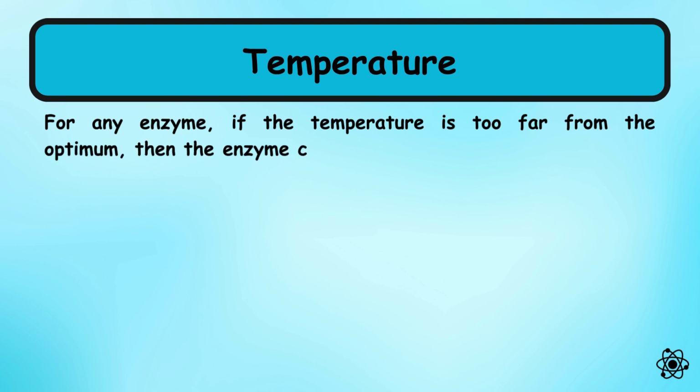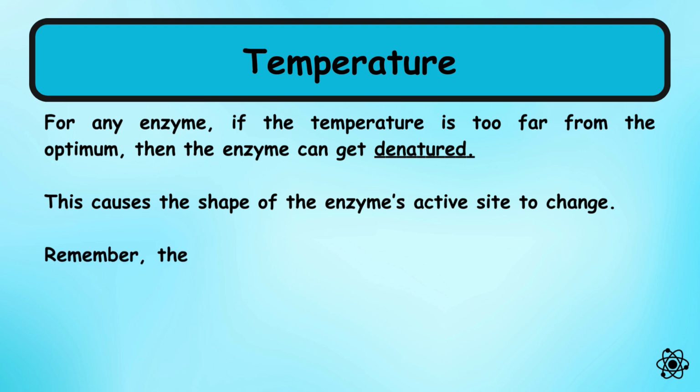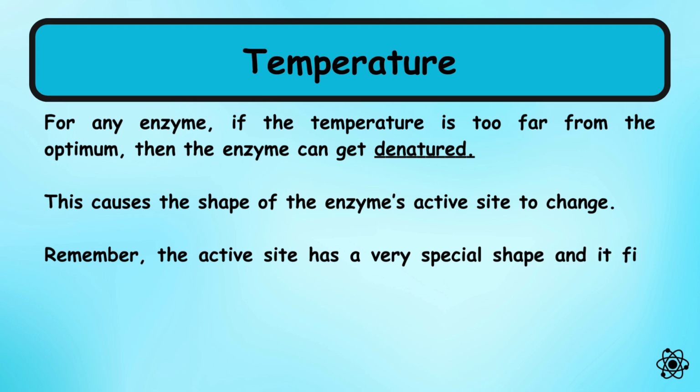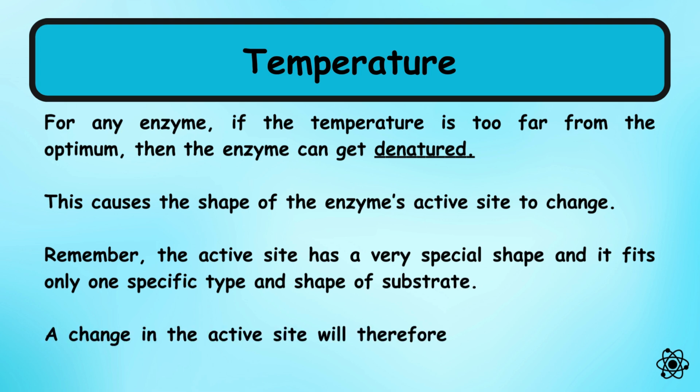This means that the bonds in the enzymes will break, causing the shape of the enzyme's active site to change. Remember, the active site has a very special shape and it fits only one specific type and shape of the substrate. A change in active site will therefore cause the enzyme to stop working.